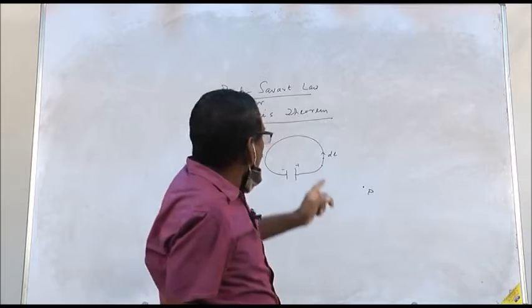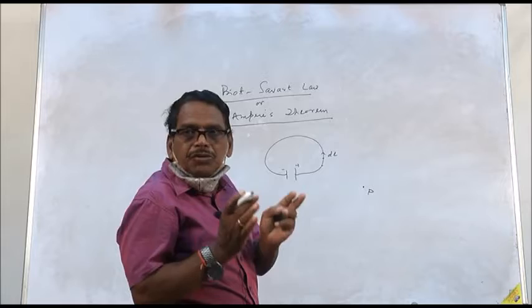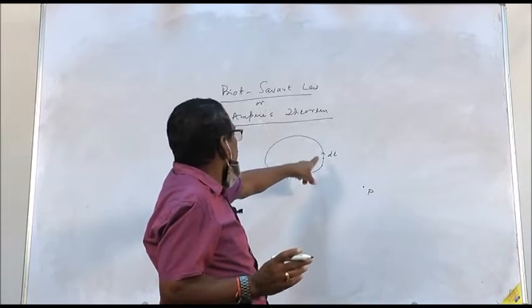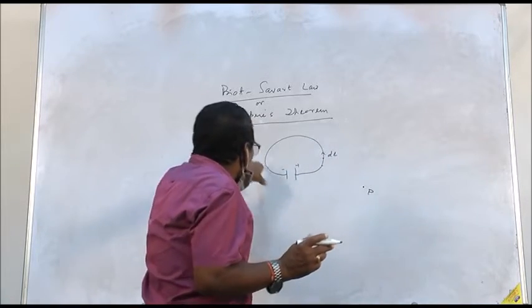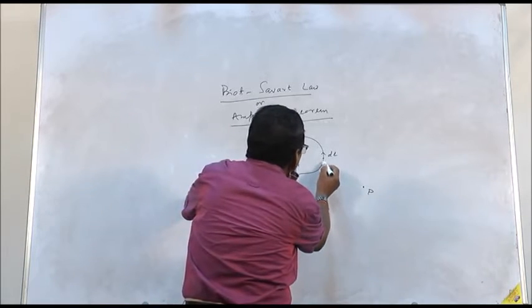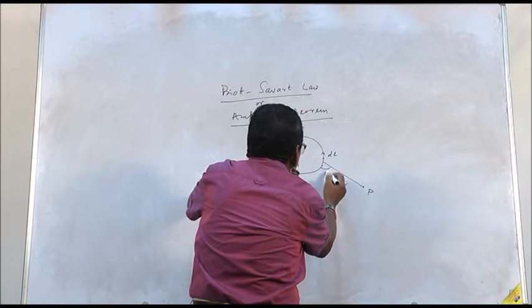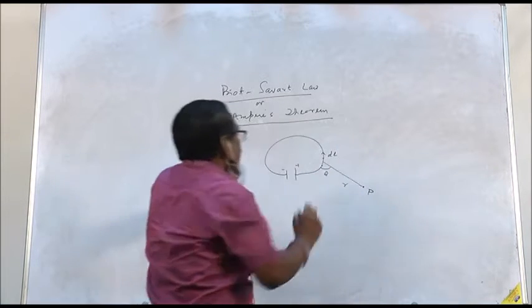Let us consider a very small element dl. If you know the flux density due to this dl, you can find the flux density due to the entire conductor. The point P is situated at a distance r. This angle is theta, this distance is r.